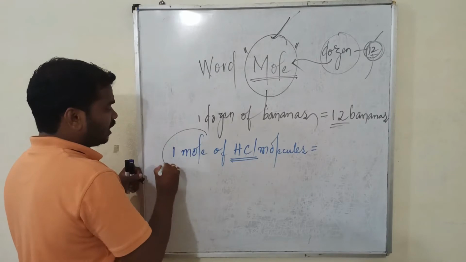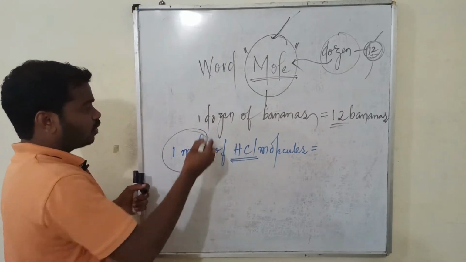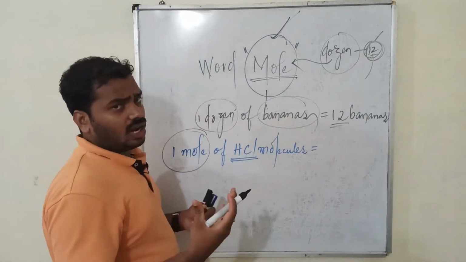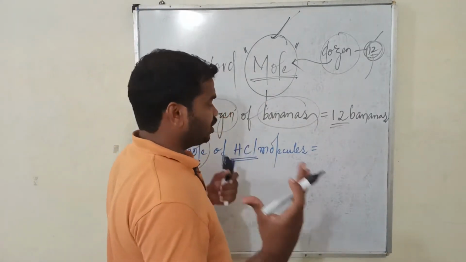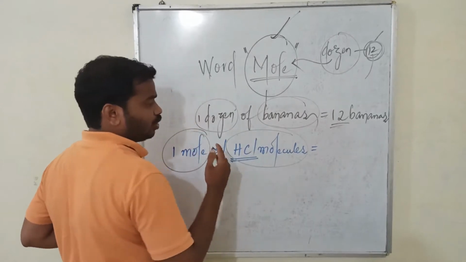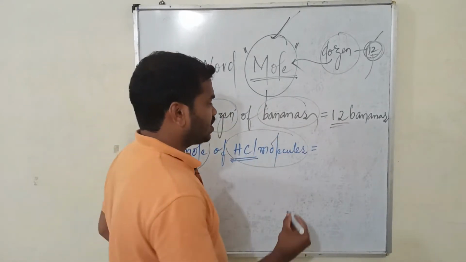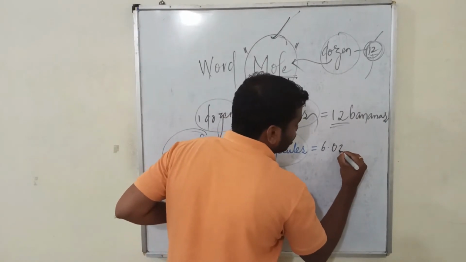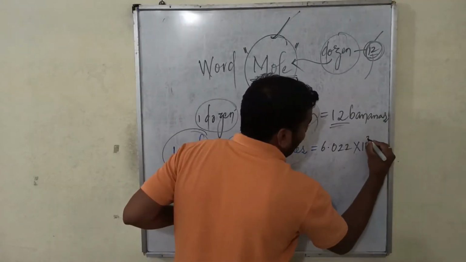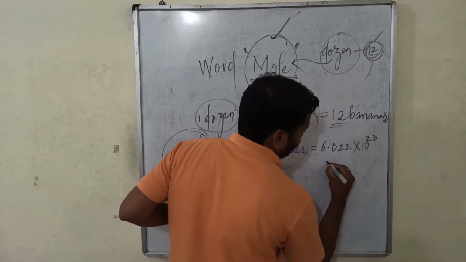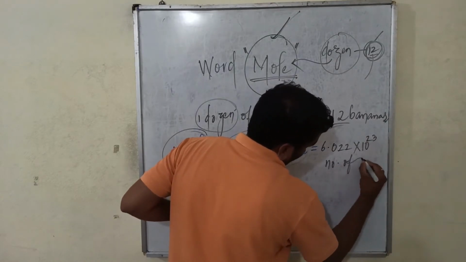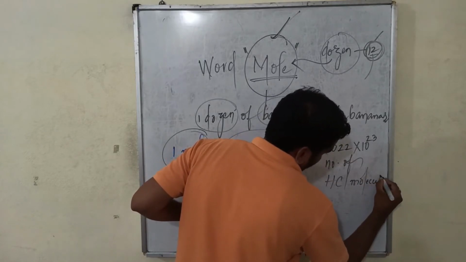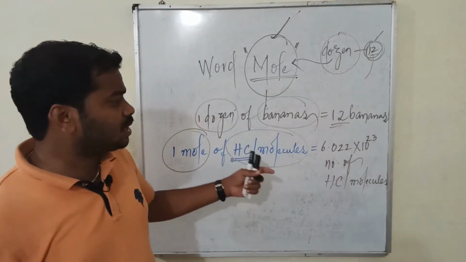See, these are similar terms. 1 mole is used for counting, 1 dozen is used for counting. Bananas are an entity. Like that, HCl molecules are an entity. Now how many HCl molecules would there be? 6.022 into 10 power 23 molecules. It's as simple as that.